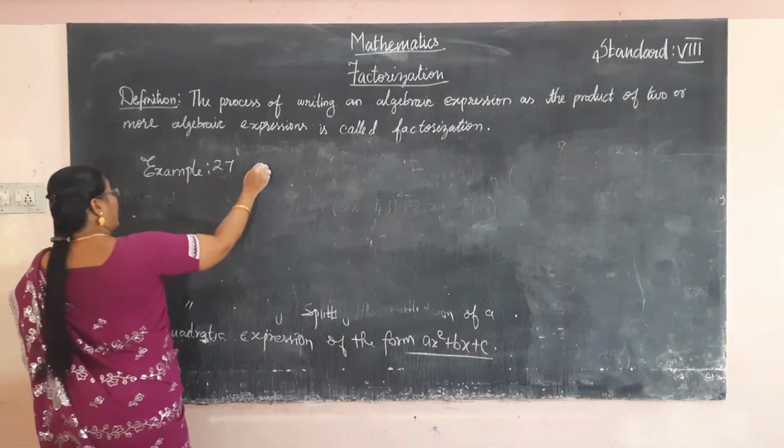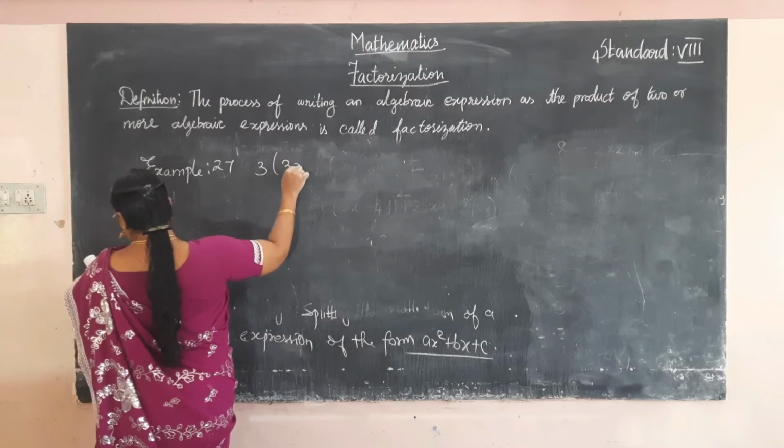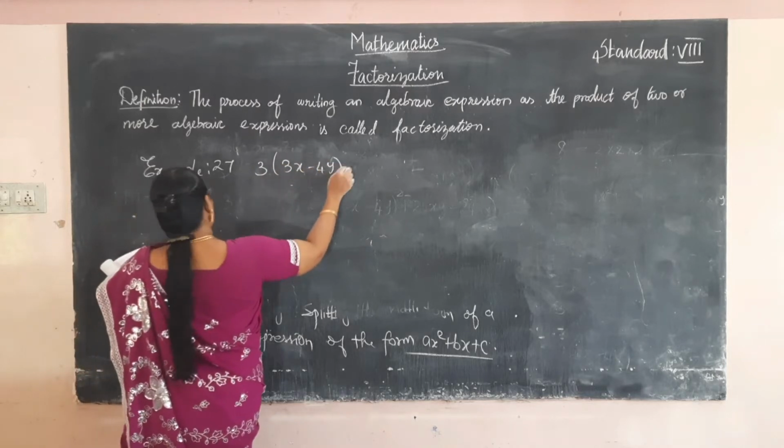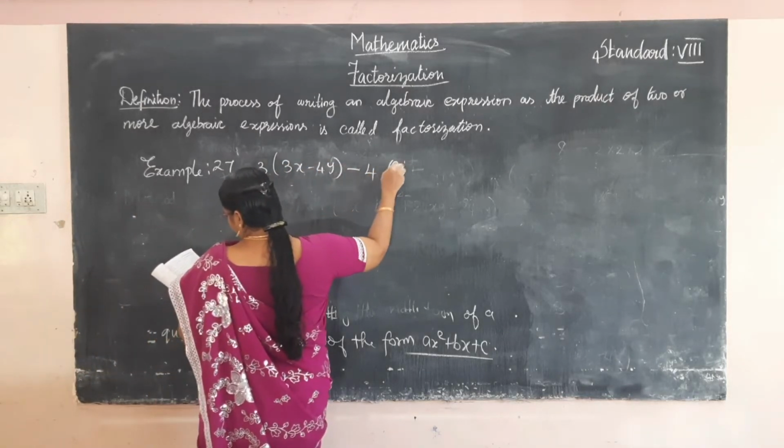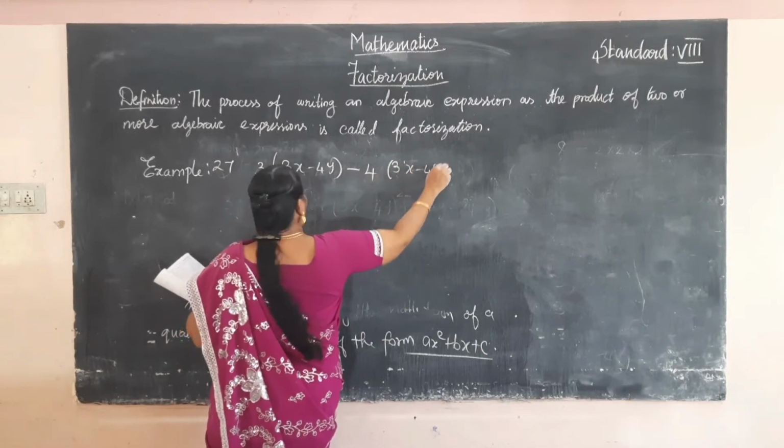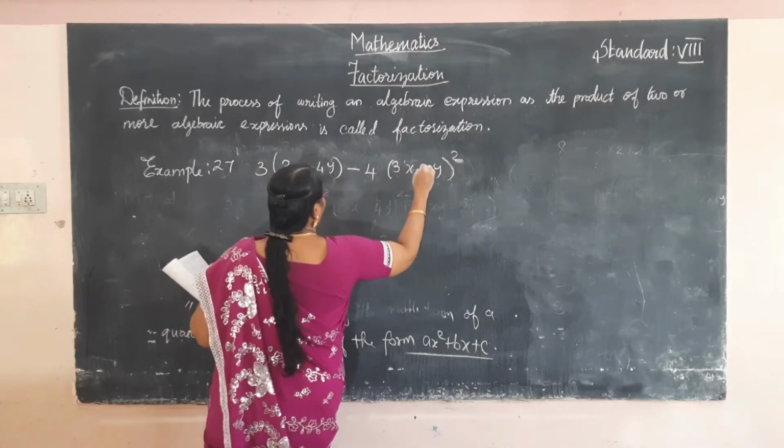Example 27. Factorize 3(3x − 4y) − 4(3x − 4y) the whole square.